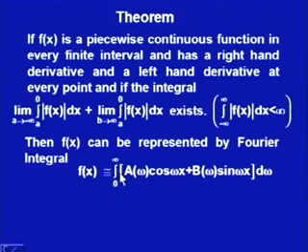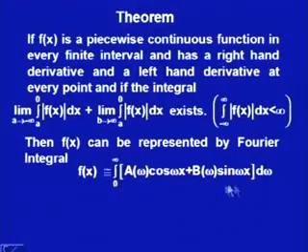So, what we have got is that we are not requiring the function to be periodic. We are saying the function is piecewise continuous, has a left hand and right hand derivative at every point, and the function is integrable on the whole real line. Then it can be represented as a Fourier integral.